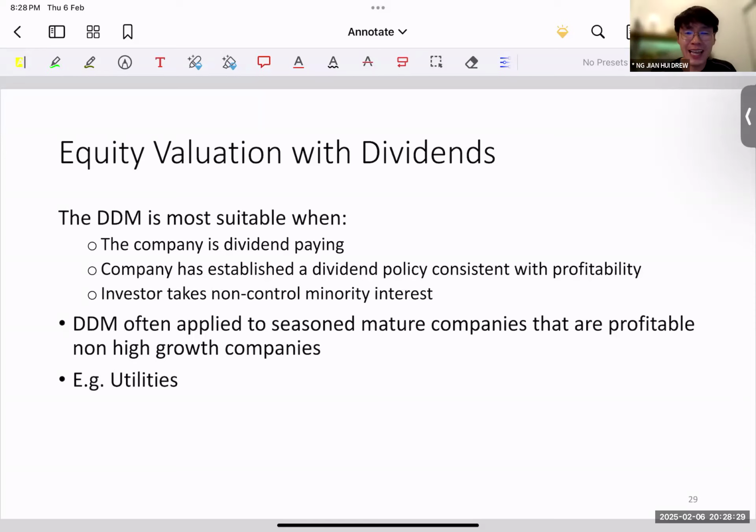Remember the graduated tax, what tax you should use, and then the market value versus target weight for your cost of capital. So there are a lot of nuance and granularity just on the discount rate. So that's all that we have talked about so far.